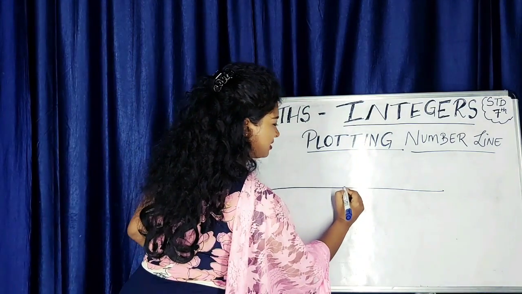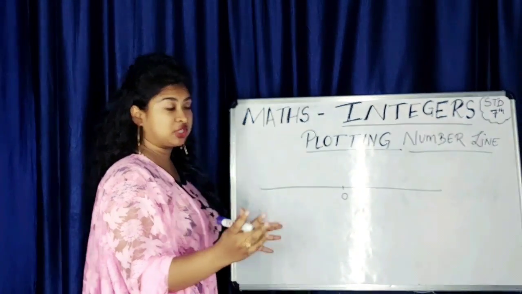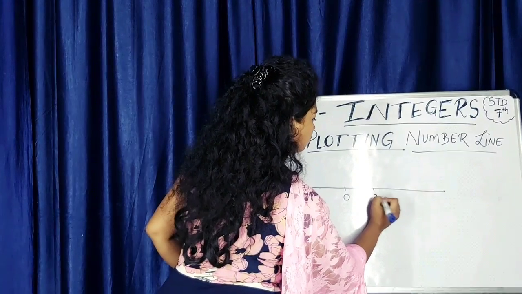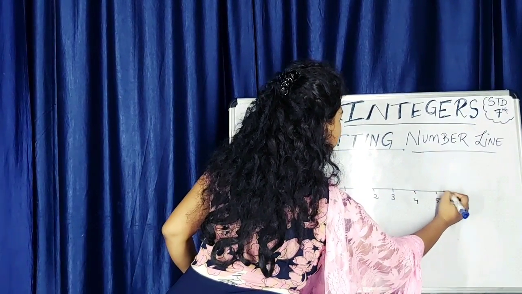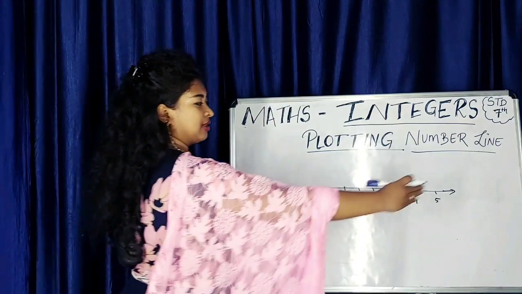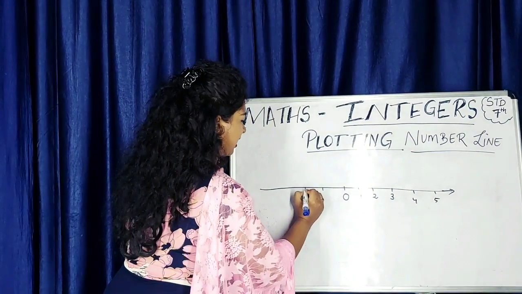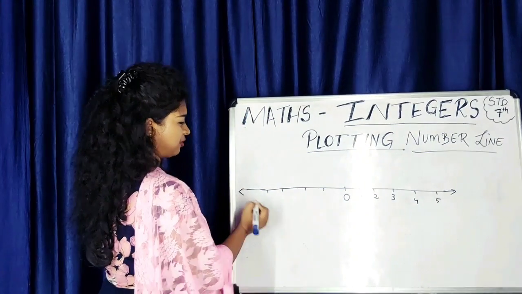Let's see. सबसे पहले you need to write a 0 center पे आपको 0 लिखना है, and then you will do it 1, 2, 3, 4, 5 and so on. So these are all the integers, and now we are going to plot as, वहाँ पे 5 तक किया है ना, तो यहाँ पे भी हम 5 तक करेंगे.